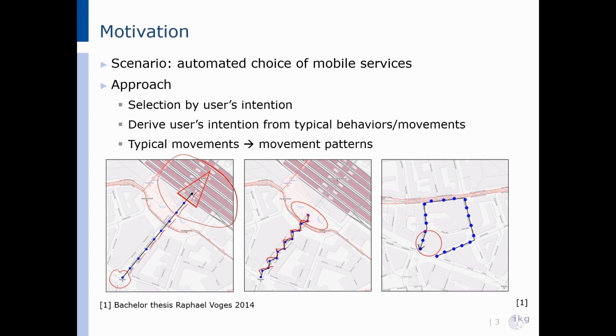In the last example on the right, you can see there's somehow a different movement in a different place. However, he maybe starts at a location, then he does a turn, and he nearly ends at the same location. Here it's quite hard to understand why he's doing something like that, but maybe he's doing some sports, running around the block, or maybe he's looking for something and he does not find what he's looking for.